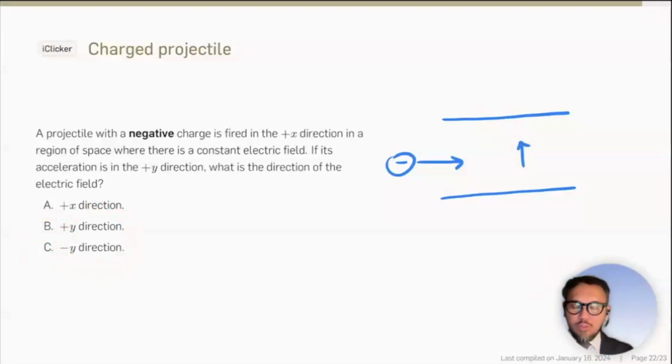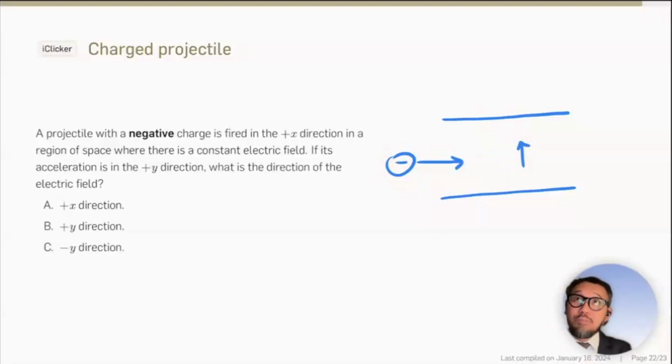Okay, so next you need to be careful because the charge is negative, okay? Because the charge is negative, that means if the field points up, then the charge will get accelerated down, okay?